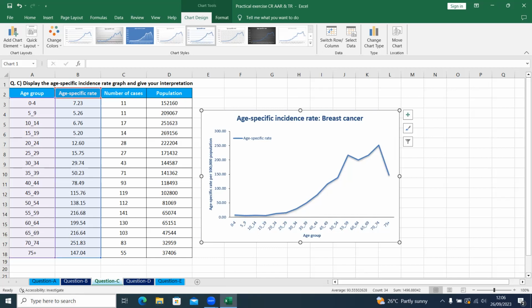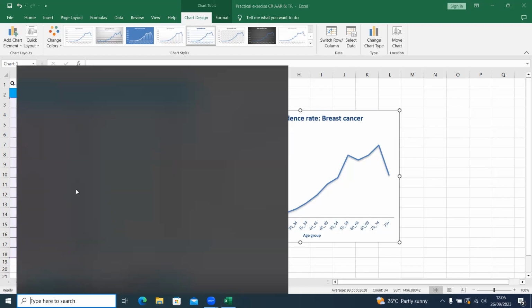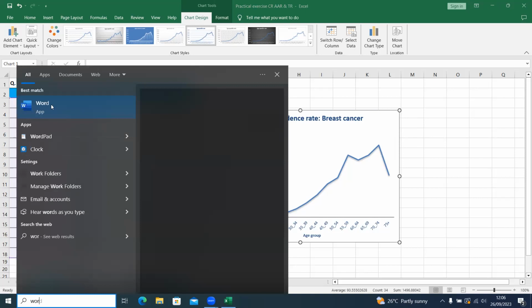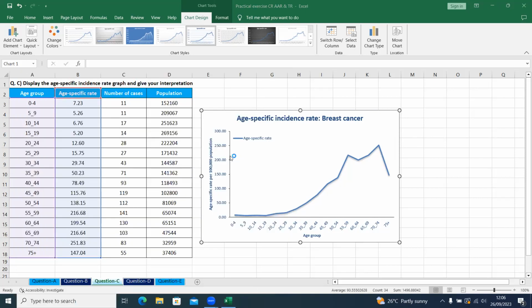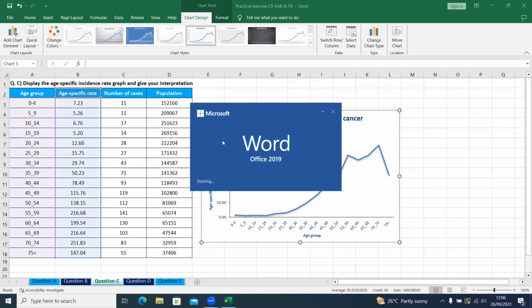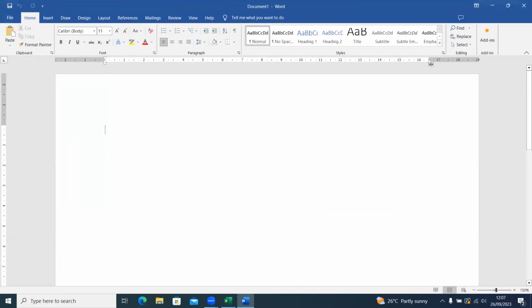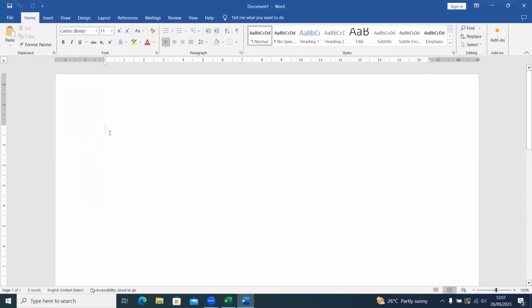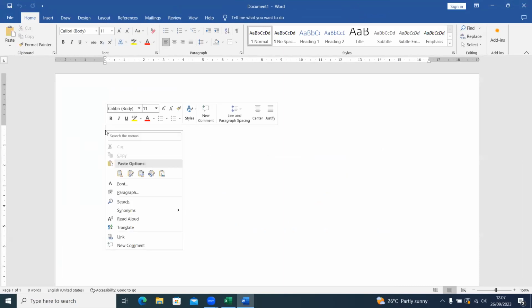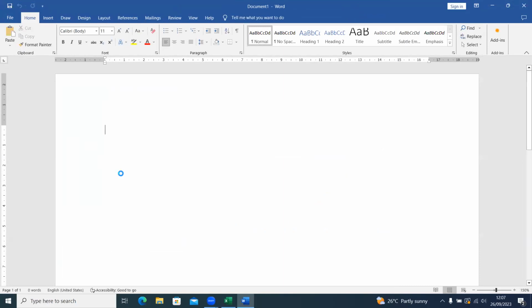I will paste it in Word or PowerPoint. Just open your Word file. Here, you just click the right key.